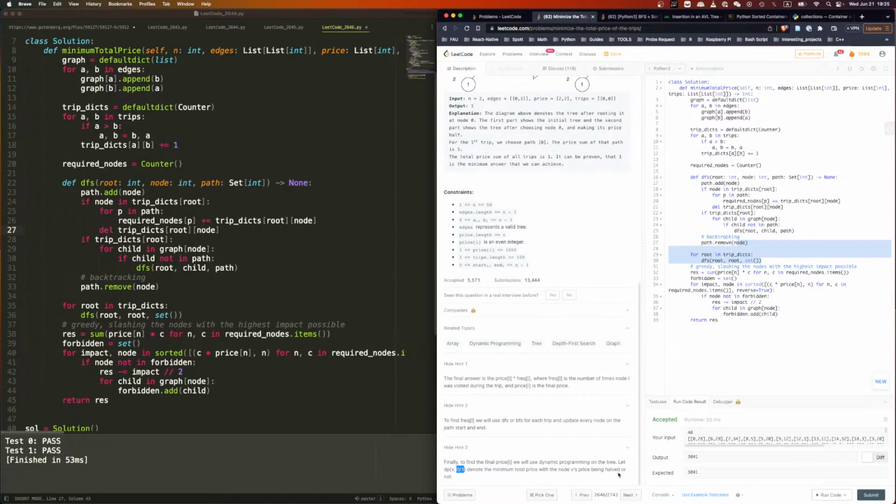We have the required nodes, so to compute is very easy. And to find the price, we will use dp on the tree. dp[v] denotes the minimum total price, with the node v's price halved.